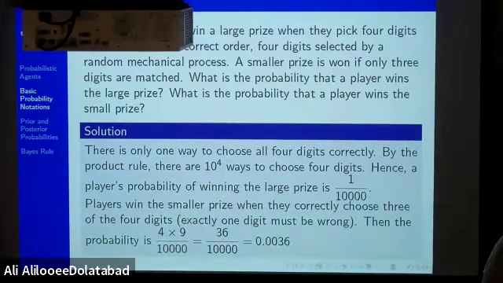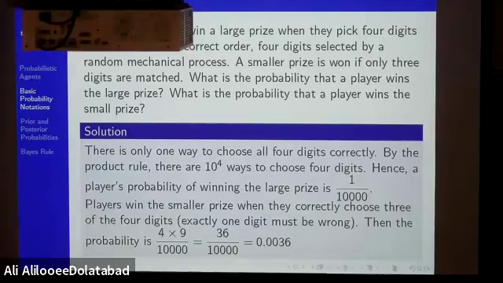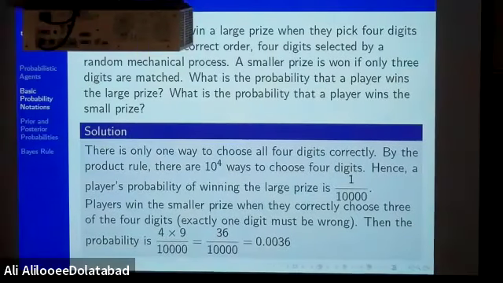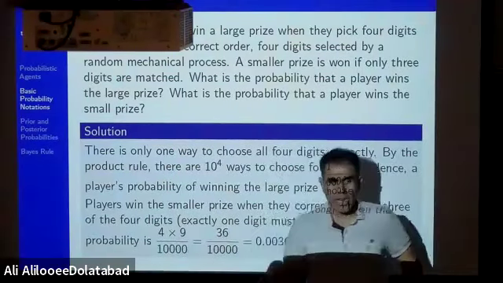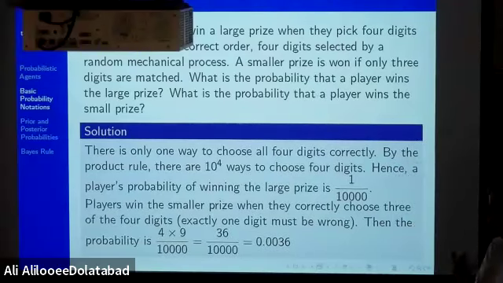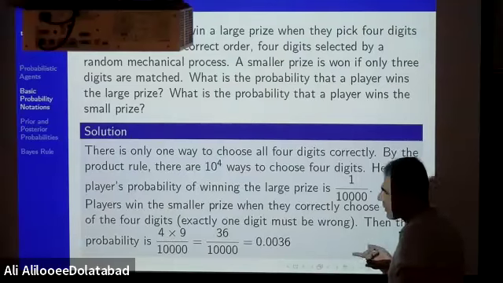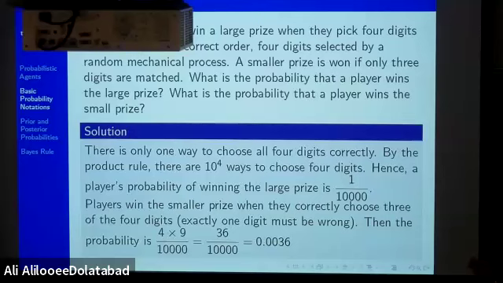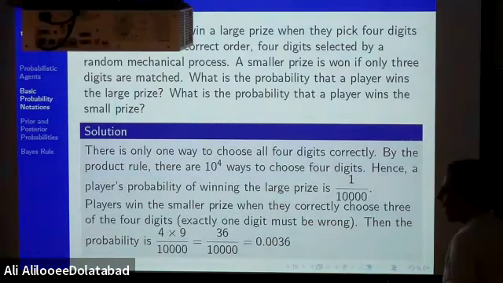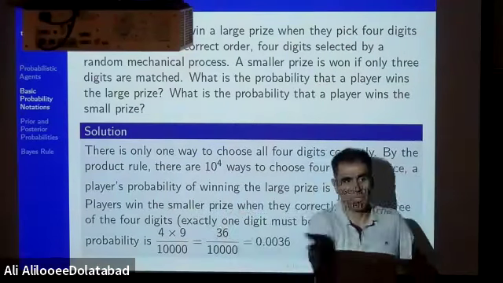Event means our favorable case, the case that 3 digits match. So we know that 3 digits match and another digit, the fourth digit, is not necessarily matched. In this case, since one value has been chosen, the possibility that we have here is 9.